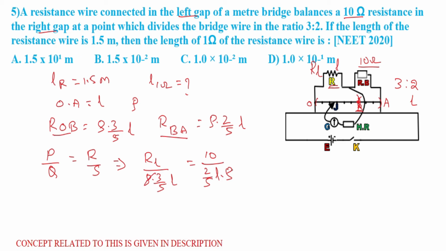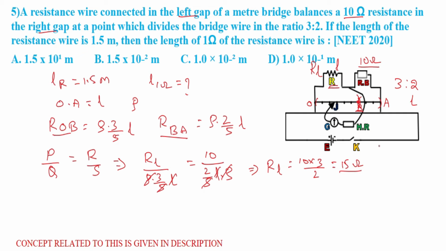Okay, so this rho will get cancelled. This L will get cancelled, and this 5 will get cancelled. Then what will I get? That implies resistance RL is equal to 10 into 3 by 2. So that is equal to 15 ohm. That means that the resistance of the wire that I connected in the left gap is 15 ohm.